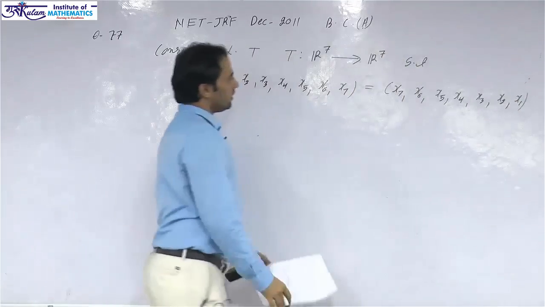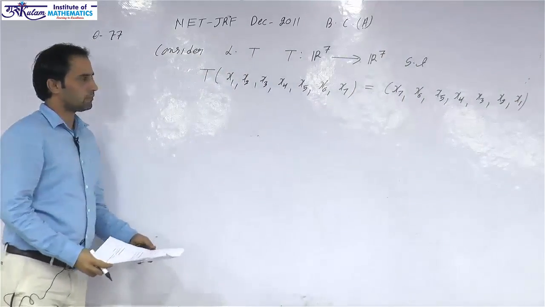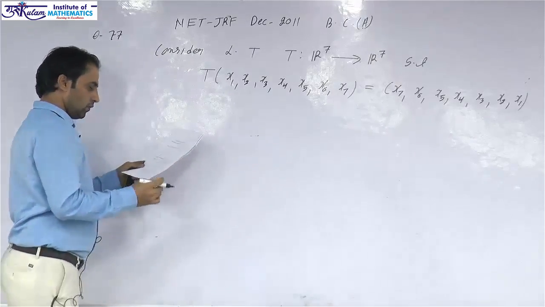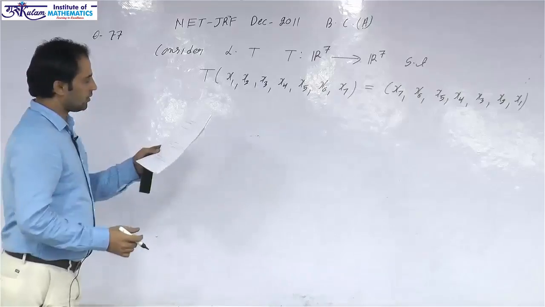So this is a linear transformation from R7 to R7, and which of the following statements is correct?